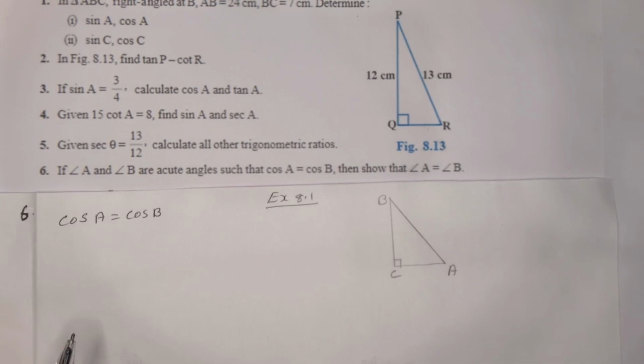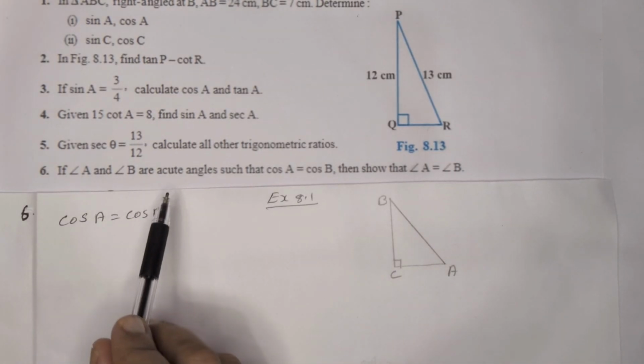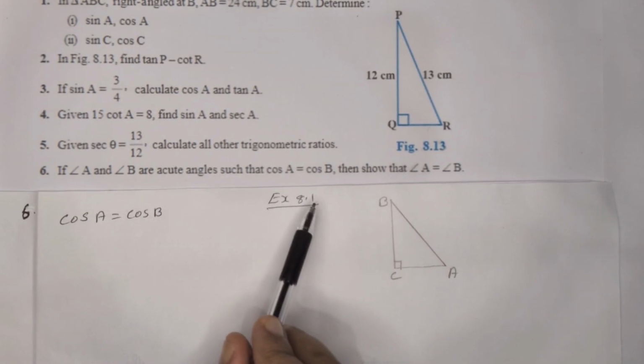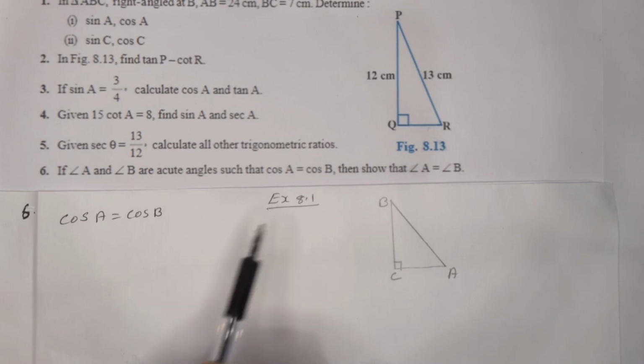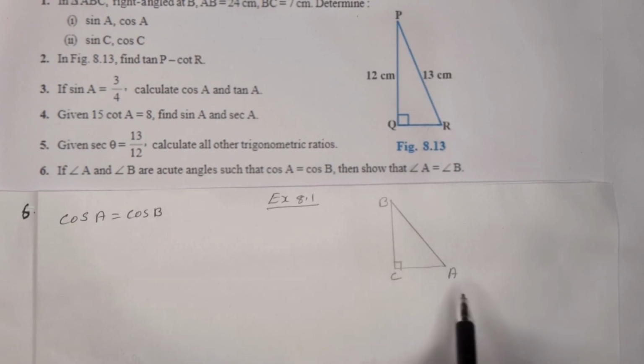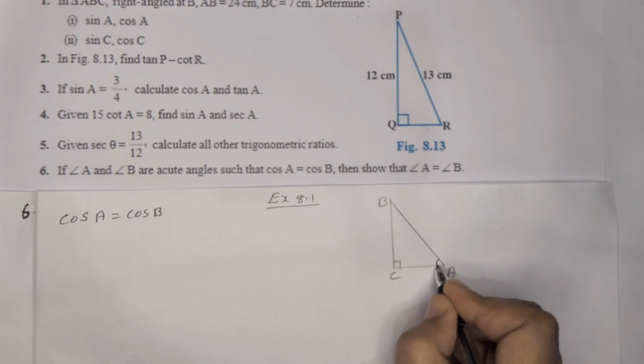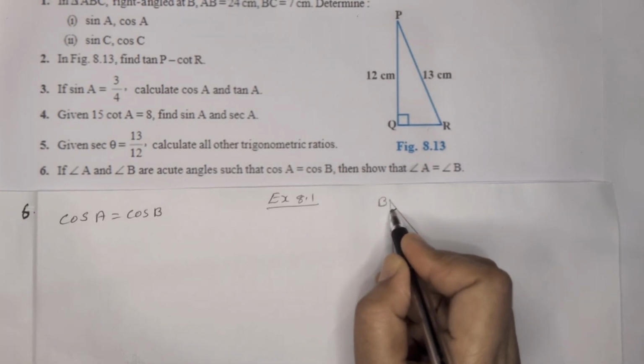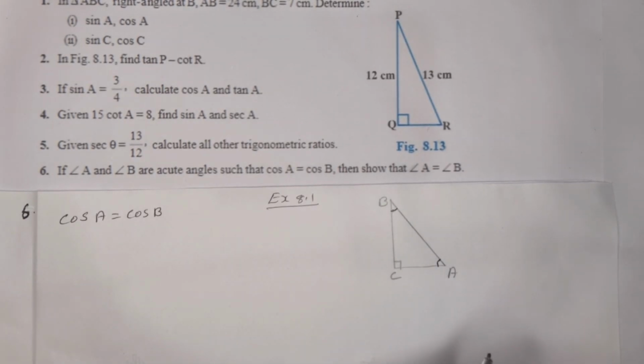Question number 6. If angle A and B are acute angles such that cos A is equal to cos B, then show that angle A is equal to angle B. Just draw a rough diagram with angle A and angle B as acute angles, which means angle C is 90 degrees in triangle ABC.